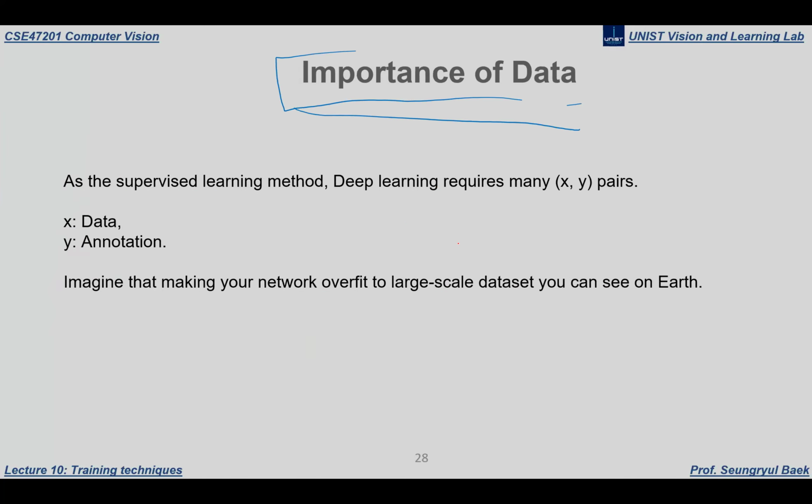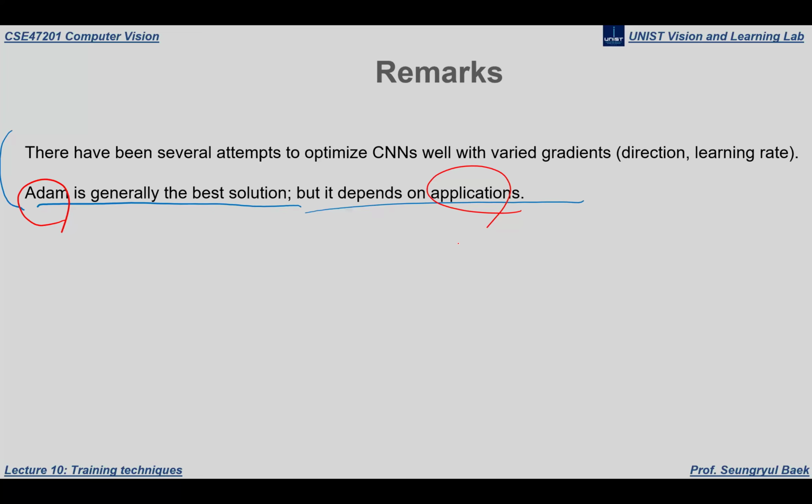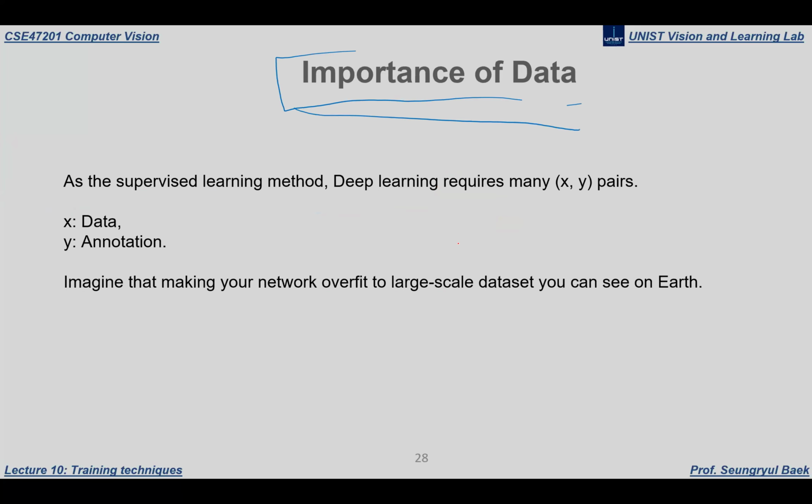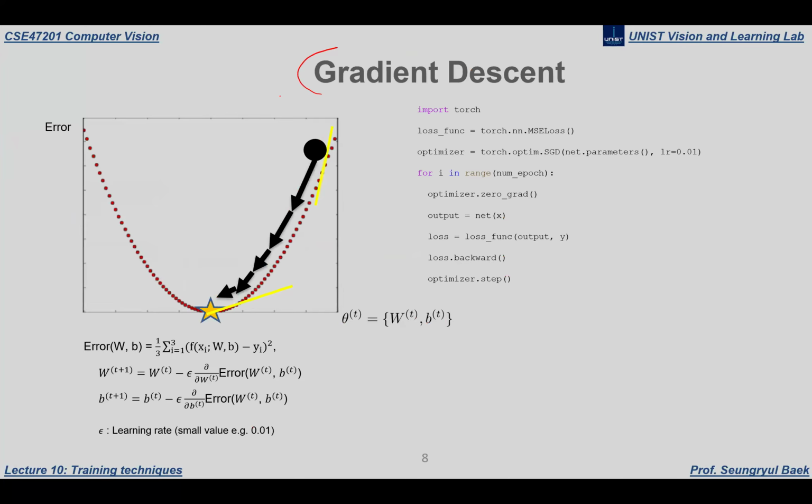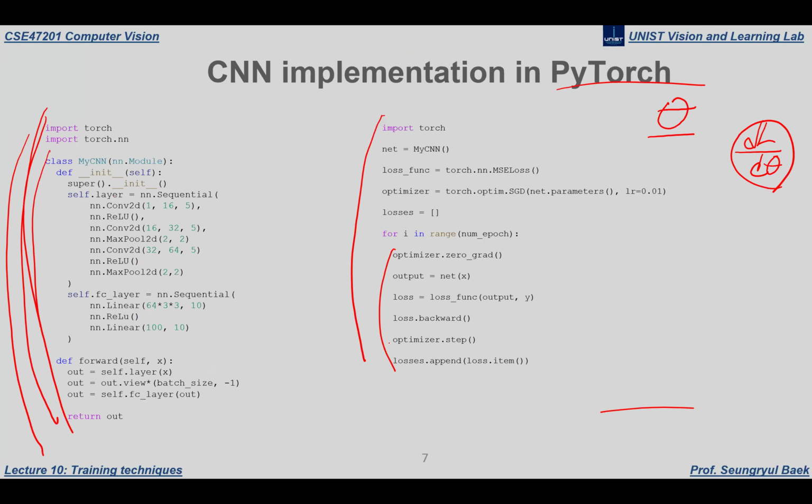Okay, so this was the thing we learned last time, and this is the other important topic, which might be important for the training stage. Most of the things during the training are almost fixed.